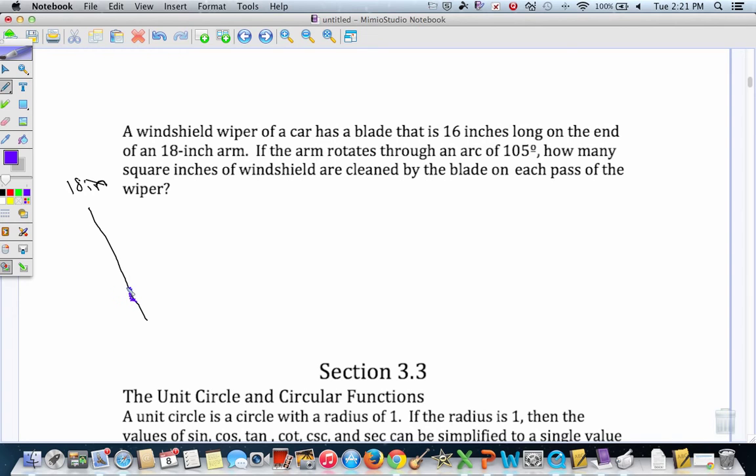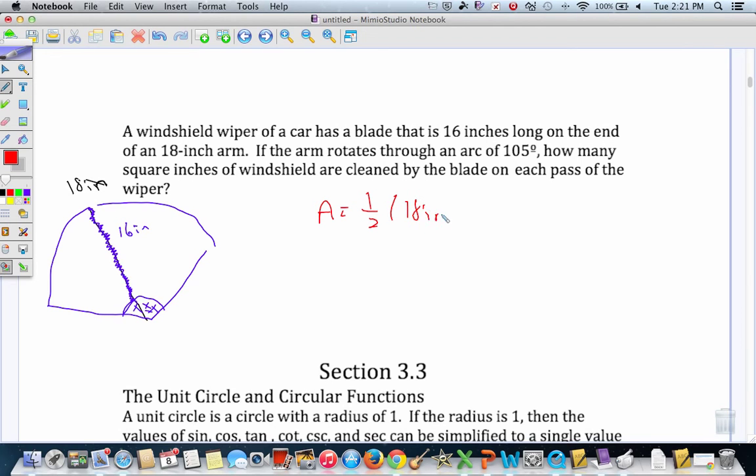So my diagram here with a black line has an 18-inch radius. Now, on the end of that arm is the blade that's going to clean the windshield. So this blade in blue is 16 inches. Now as it rotates back and forth and cleans the windshield, most of us probably realize on our car that this little area down here doesn't get cleaned.